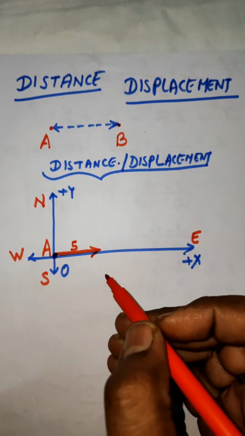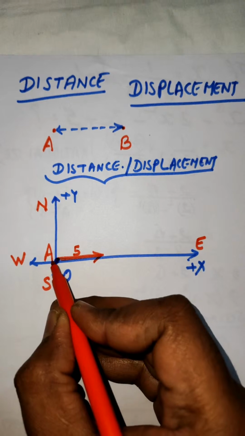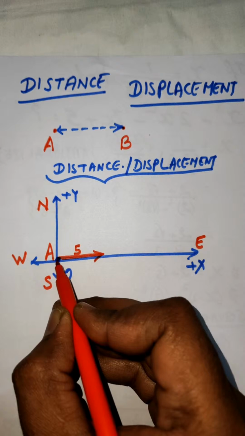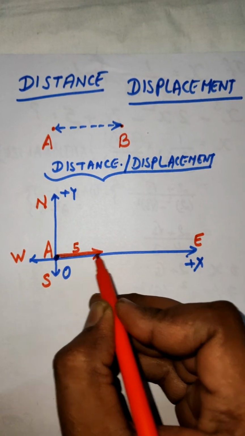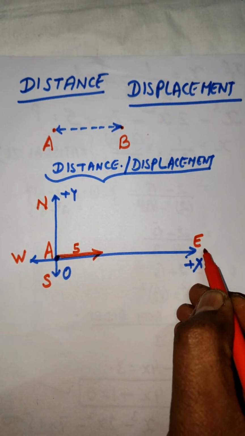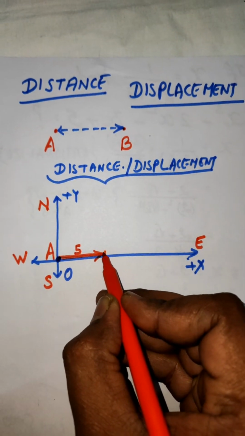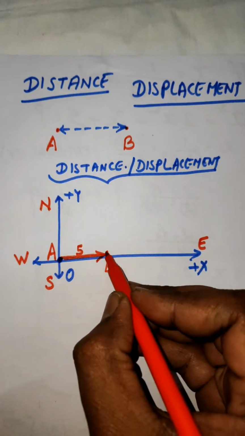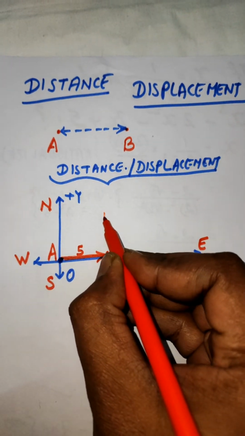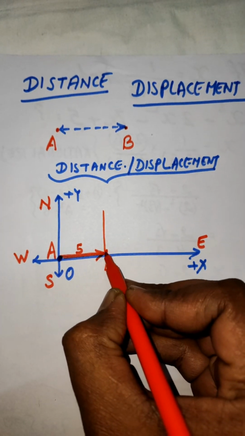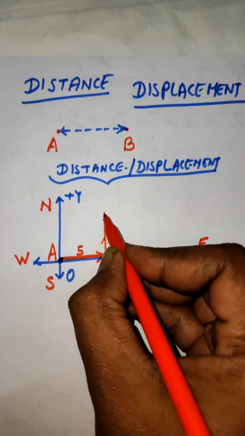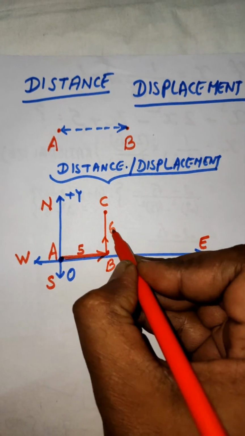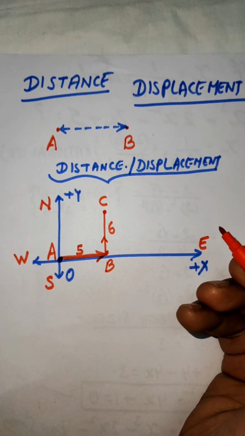So in this question, a person starts from a position, let's say at the origin, and goes 5 kilometer in east, right? And when he reaches, let's say, point B, he takes a left turn from here and goes 6 kilometer in north to reach point C, right?